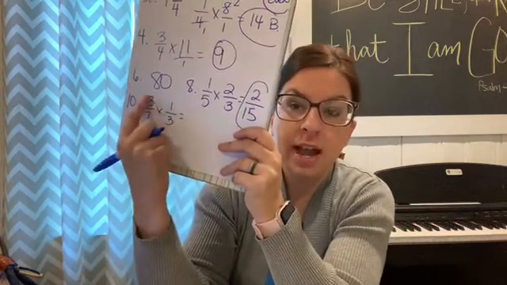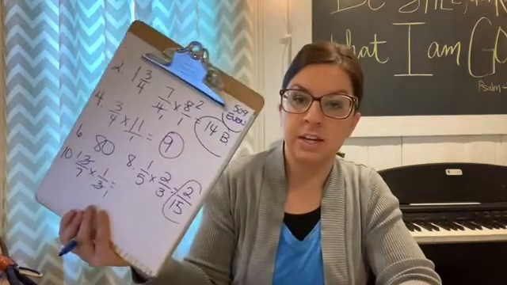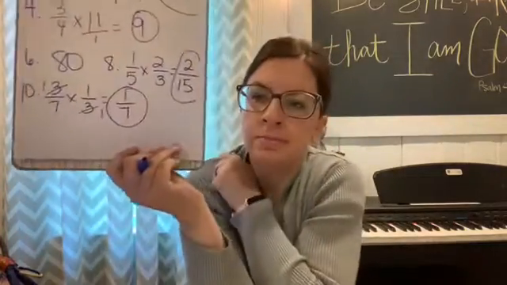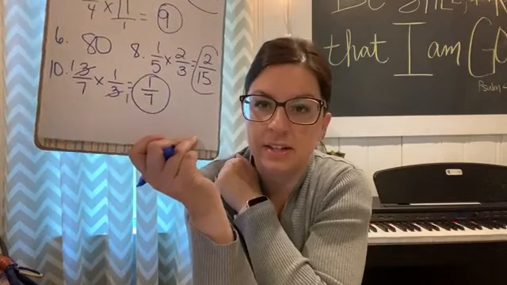Or if they're diagonal from each other and you can cancel them out there, do it there. So I'm going to cancel out the 3 and 3 and turn them into 1 because they can each go into each other one time. 1 times 1, 7 times 1, 1/7. So number 10 is 1/7. Or you could have done that by reducing once you got the answer.